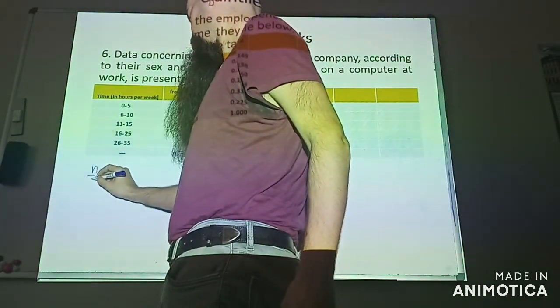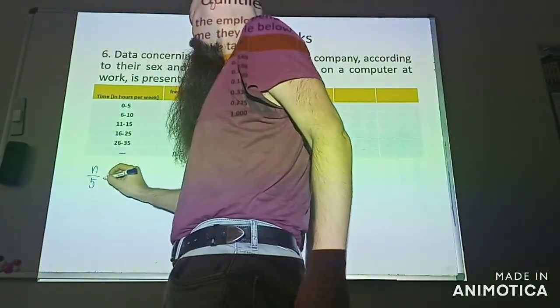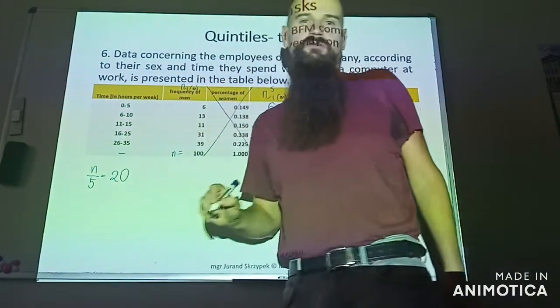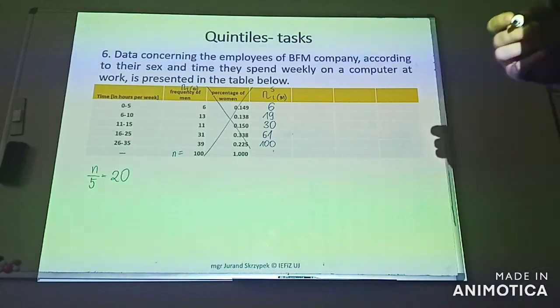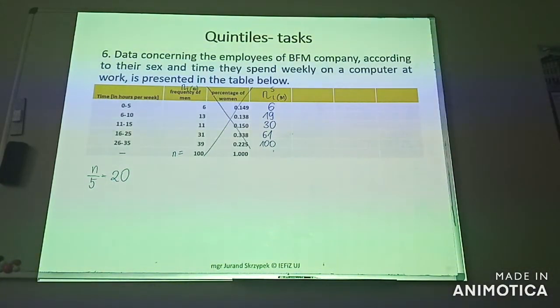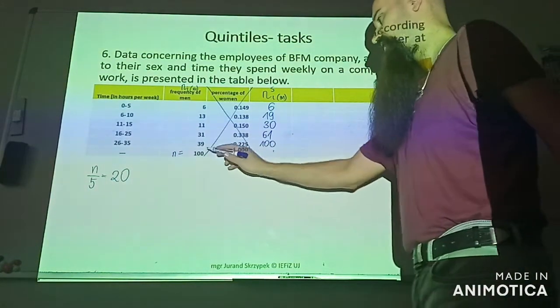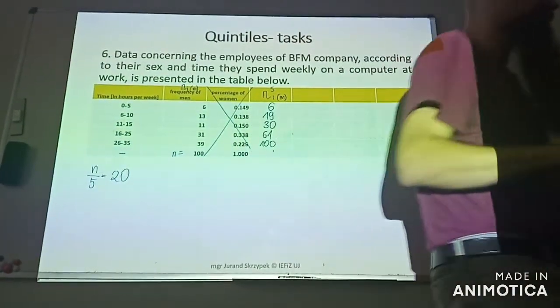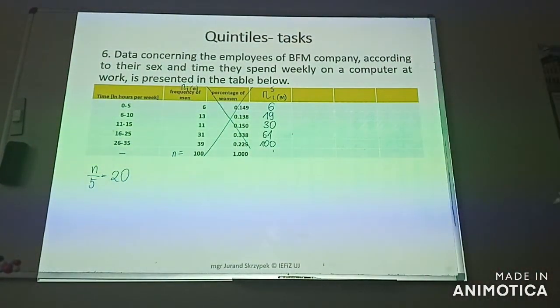Okay, so it's not a problem to indicate 20% and 80% of the population. 20% of the population will be, of course, obviously 20 people. Yeah, because the population size is 100, so 20% of the population is 20.